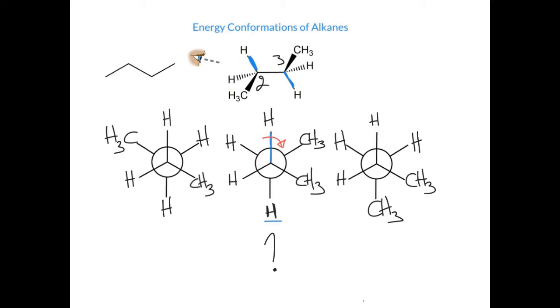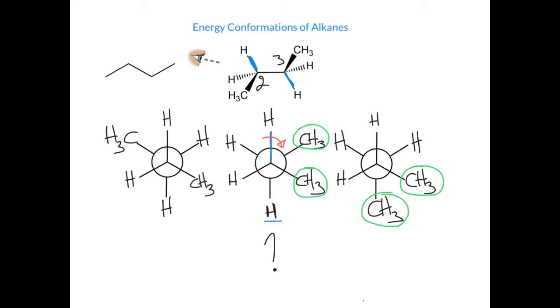If we examine now the methyl groups, we will see that in the first case and in the case we have on the right, the methyl groups are close together and they experience steric repulsion, meaning that the electron clouds are going to repel each other.